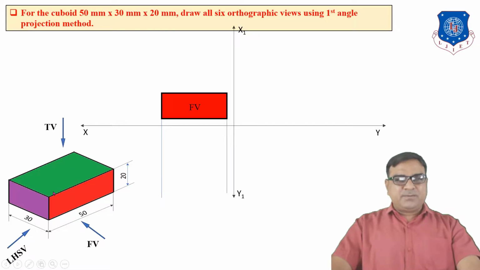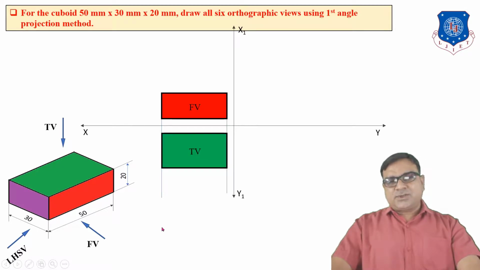Similarly from top, the green surface which is length and width. So this is top view. This dimension represents length of the object and this dimension is width. So which dimension is common for front view and top view? Obviously length. So length of the front view and length of the top view are always equal.